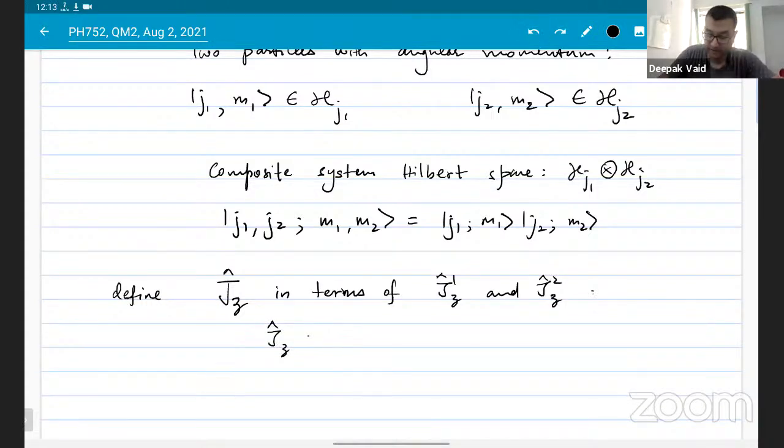What will be the expression? Maybe somebody might have issues with Zoom. So what will be the form of this expression? It's the sum of the two Z components. As an operator, how will I write it?